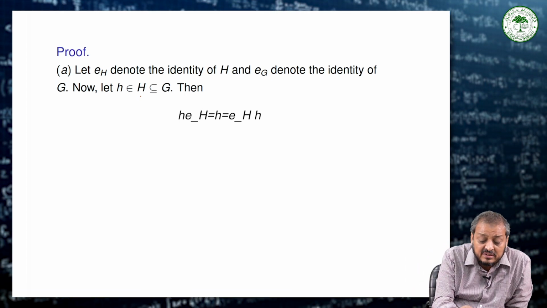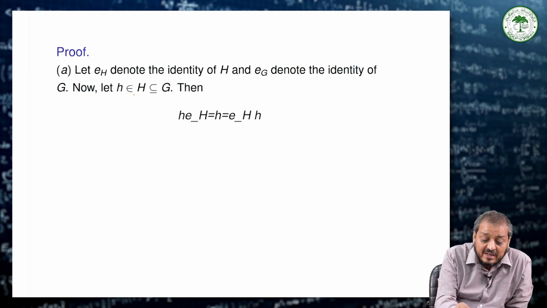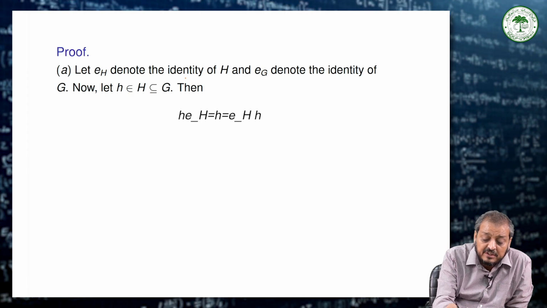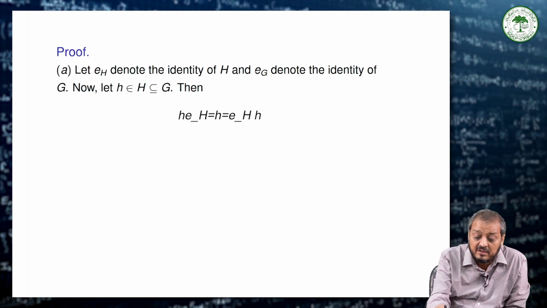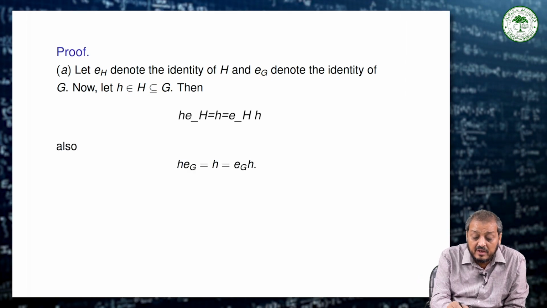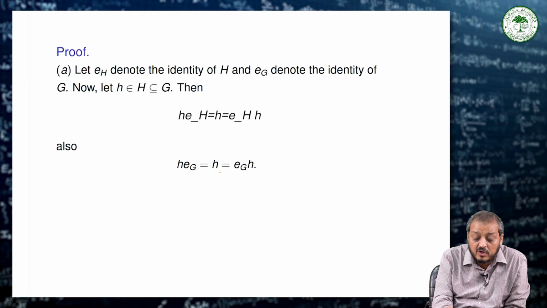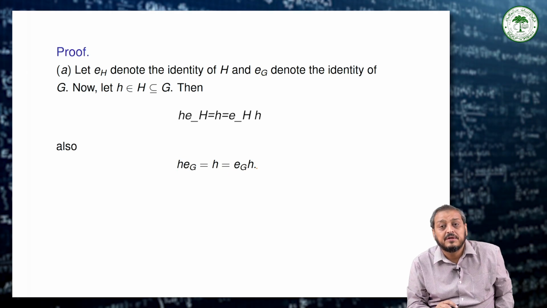And because h is an element of H, h is also an element of G, so similarly, because e_G is the identity element, h e_G is equal to h and e_G h is equal to h.